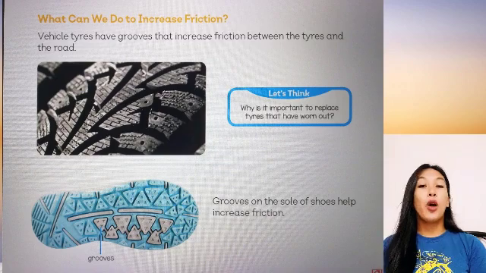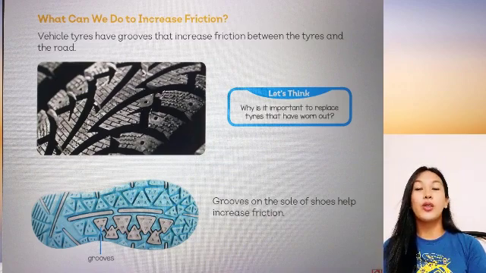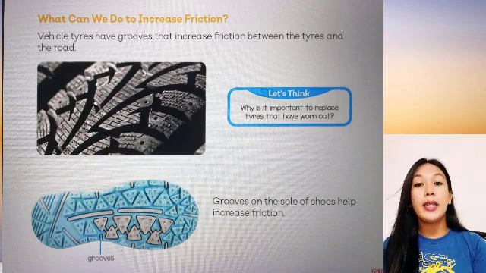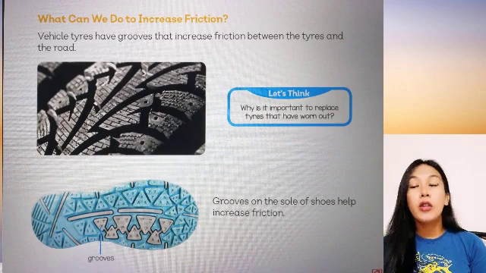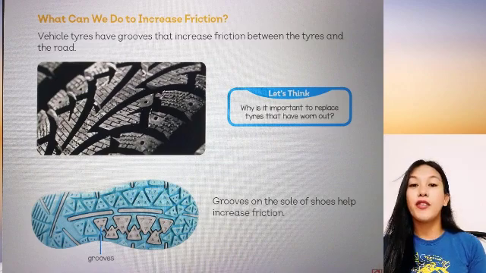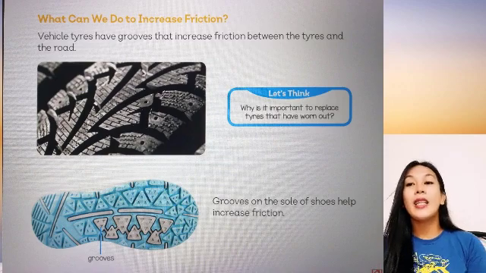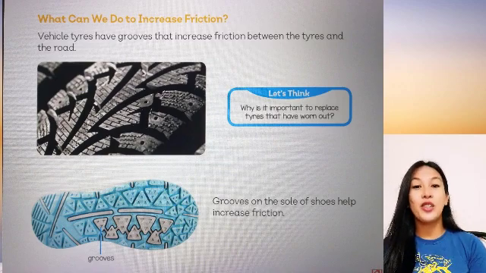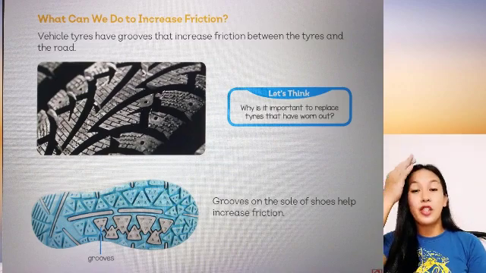Number 2, we also have to put grooves in the soles of our shoes to help increase friction. If you go and look into the soles of your shoes, there are grooves. They are not there for decorative purposes, although partly they are, but they are actually used to increase the friction.